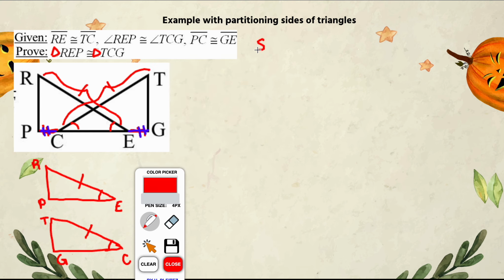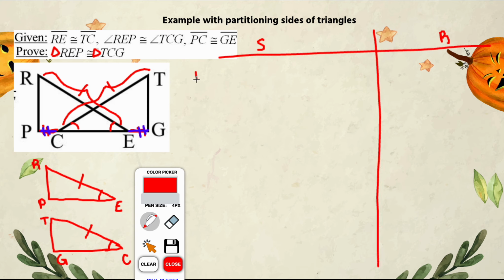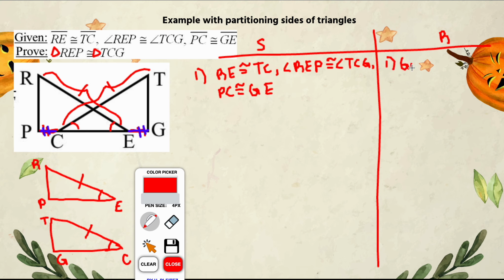So let's just get on the roll right now, and we will work through the logic in a bit. So let me just make sure I write all my givens down. RE is congruent to TC. We have angle REP is congruent to angle TCG, and we have PC is congruent to GE, and that is given. Okay. All right.